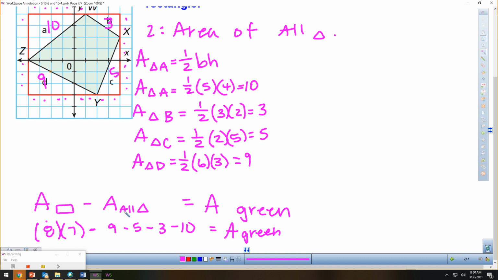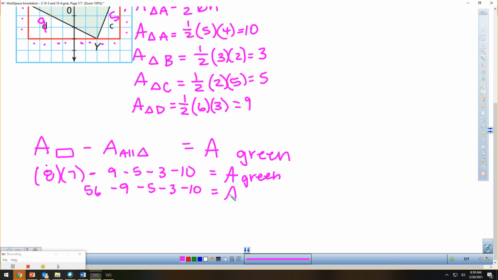All right, so 8 times 7 is going to give me 56, minus the 9, minus the 5, minus the 3, and minus the 10. So when you subtract all of those, you get that the area of your green figure is equal to 29 units squared.